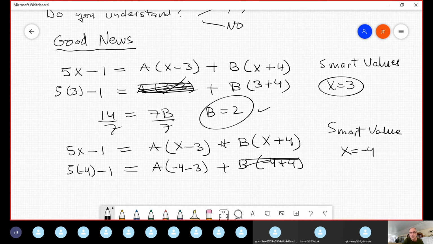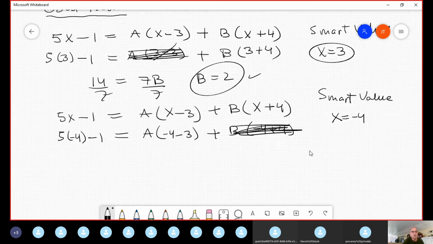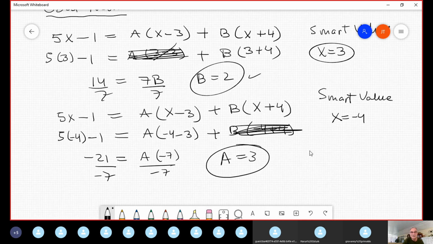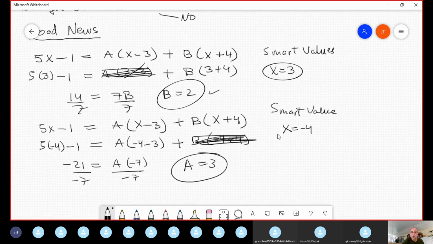Negative 4 plus 4 is 0. That part disappears. We have now minus 20 minus 1, minus 21. And here we have negative 7a. Divided by negative 7 both sides. A is equal to positive 3. Exactly the same. This is the best way to perform partial fraction decomposition.